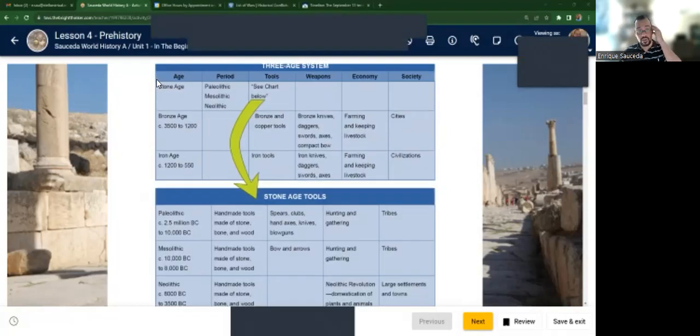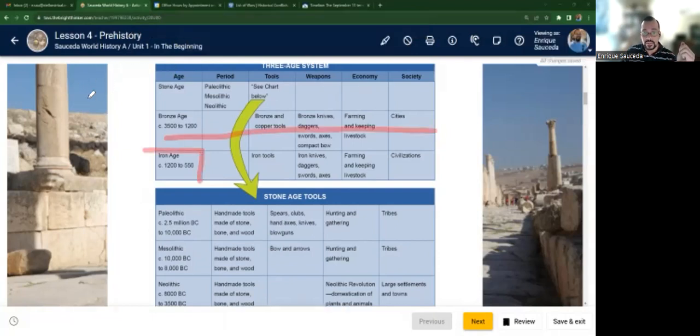After the Stone Age, we have the Bronze Age, where tools are made out of copper and bronze: knives, daggers, swords, axes, and the compact bow. There's already farming going on, so we get the birth of cities. If you are wondering where I'm at, I'm right here. And then iron is developed in more recent times, at least after the year zero, where we get iron tools.